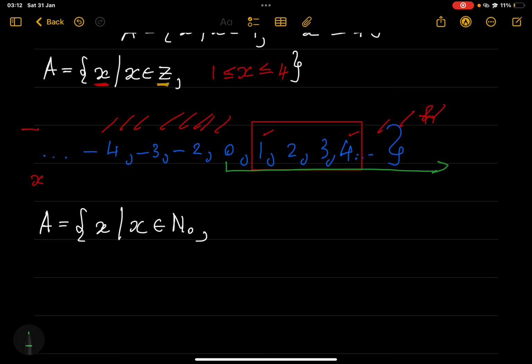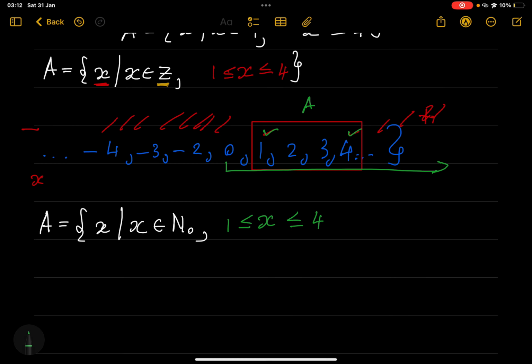And this 0 on my set A is not included, which means I can exclude it. I can say X is greater than or equal to 1, but less than or equal to 4. When I say less than or equal to, I include these numbers.